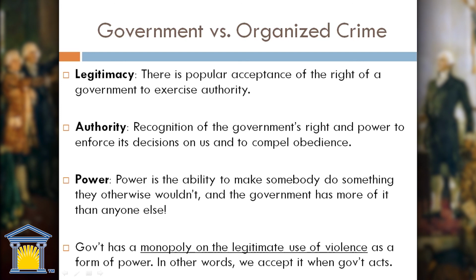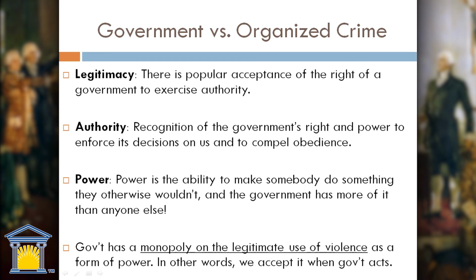And all of this can be boiled down to the central theme, the most important thing that I want you to take away from this portion of the lecture. The primary factor used by academics to distinguish between governments and organized crime is what we describe as a monopoly on the legitimate use of violence. A monopoly on the legitimate use of violence, right?